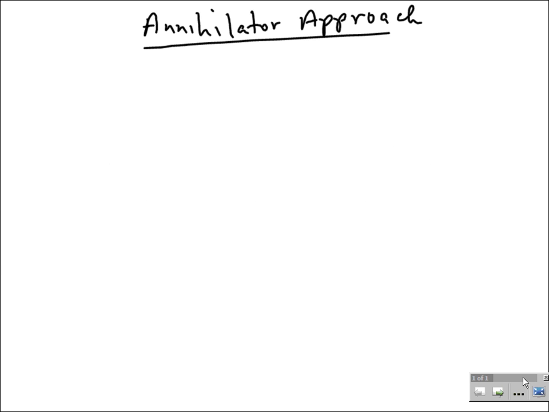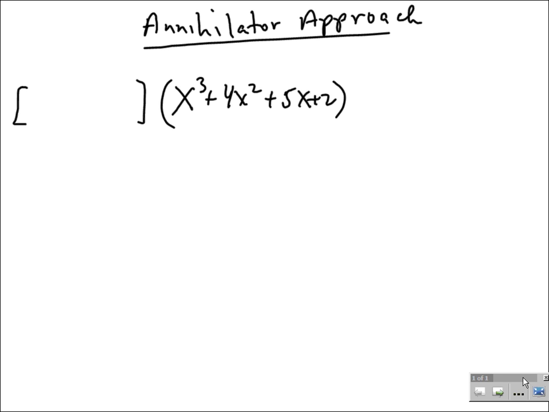Suppose we have this polynomial, x cubed plus 4x squared plus 5x plus 2. We want to operate on that polynomial with this linear operator. It's customary to put linear operators in brackets.